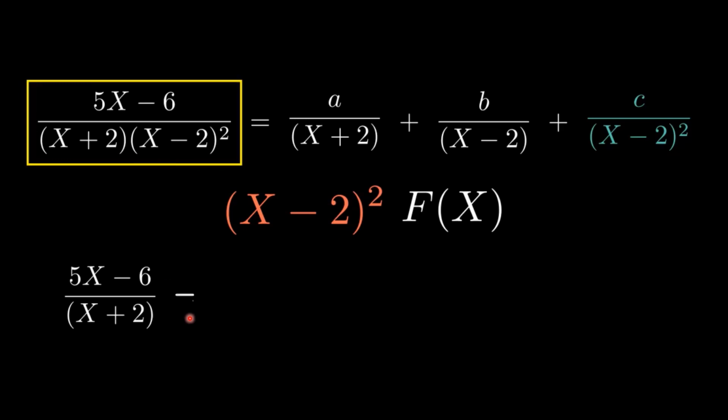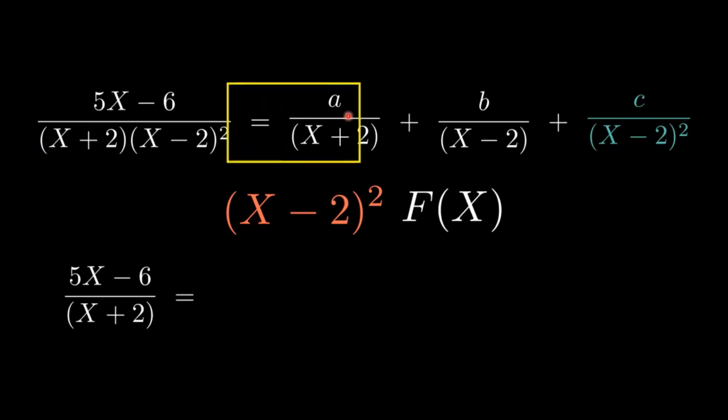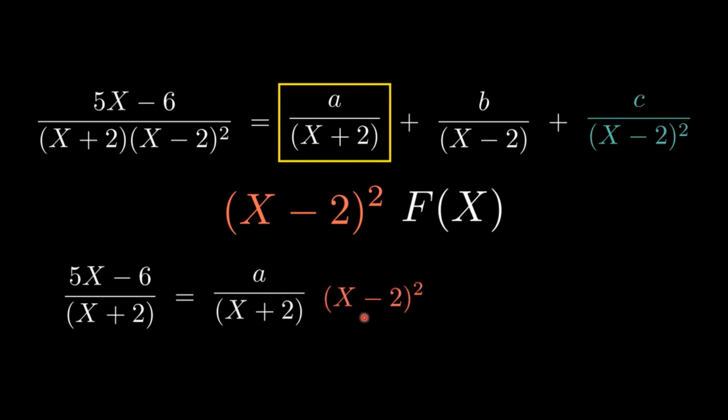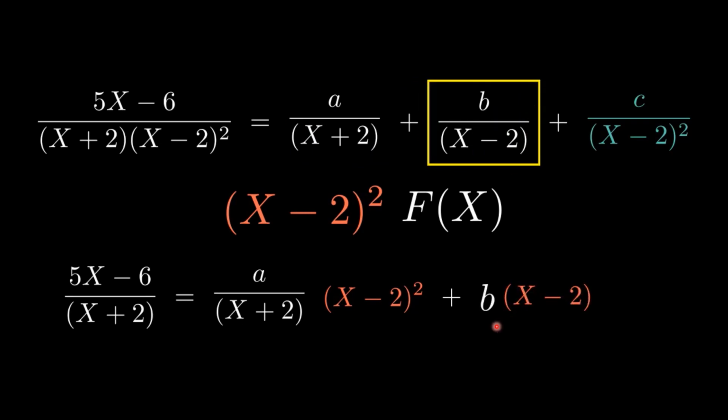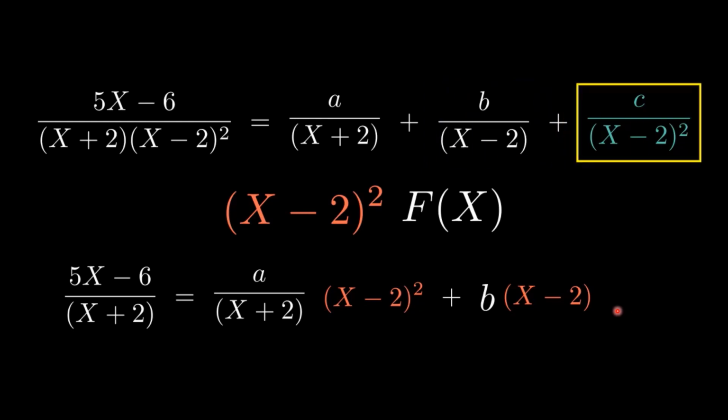This is equal to this fraction times x minus 2 squared, plus b times x minus 2, plus c, because x minus 2 squared over x minus 2 squared is 1.